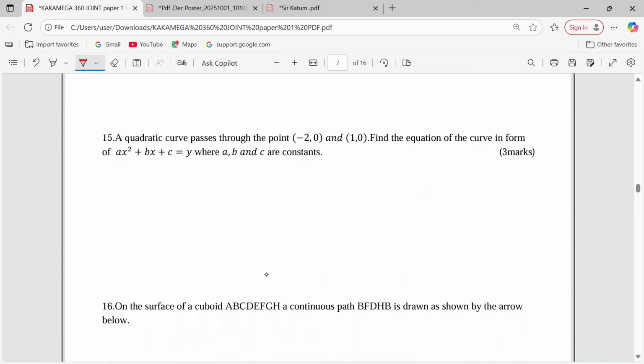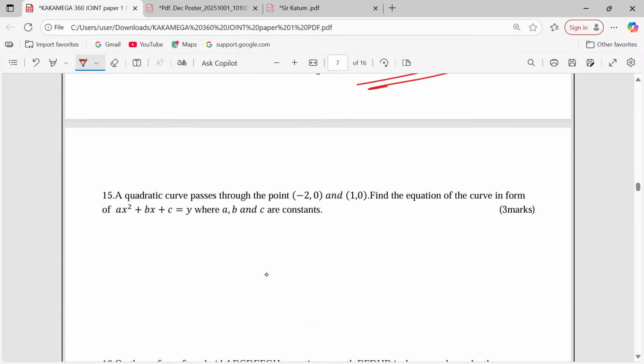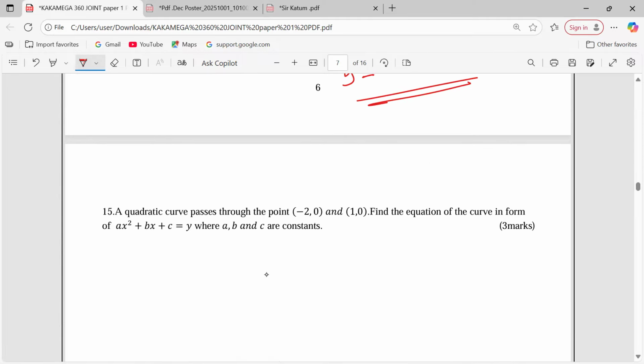Look at 15. A quadratic curve passes through the points -2, 0 and 1, 0. Find the equation of the curve in the form given there. When the curve passes through these points, you can see that those are points along the x-axis at -2 and also at 1.